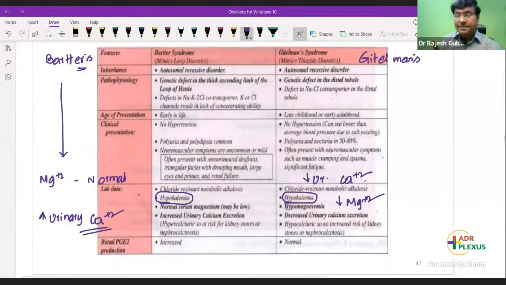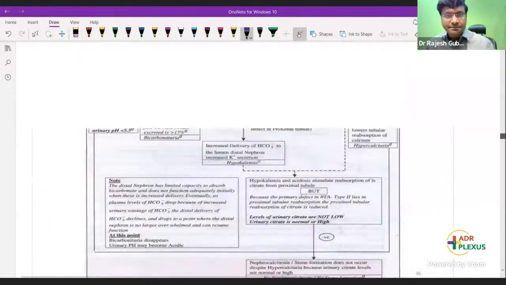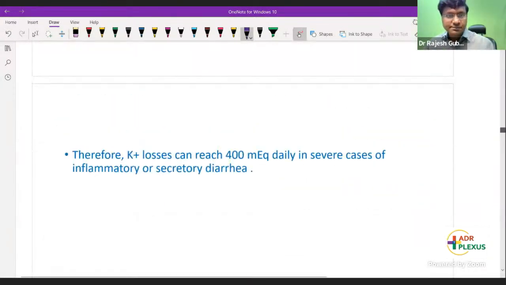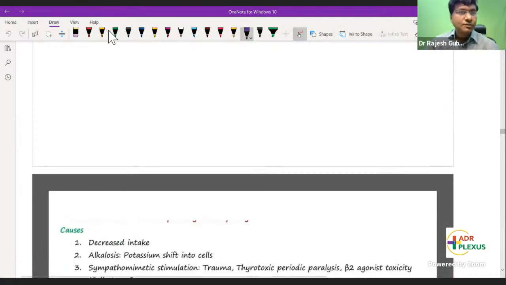Let me tell you, in hypokalemic periodic paralysis, the individual will have a very severe form of hypokalemia, which is a channel defect.